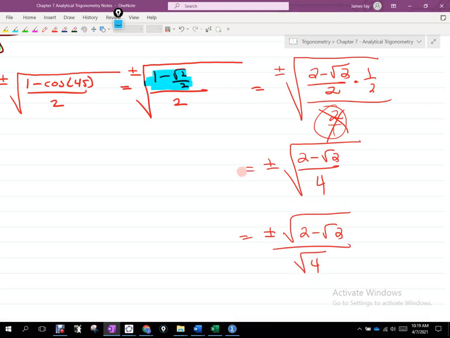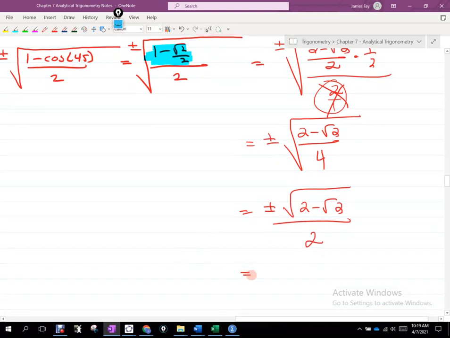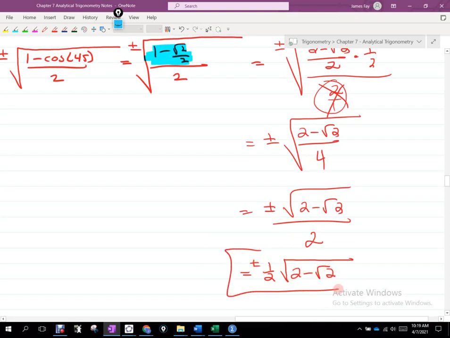But what's root 4? 2. And then a lot of times you'll see, especially on WebAssign, if there's feedback, they'll actually bring this 2 out as a 1/2 multiplier of that. And that is the best way to write that thing.